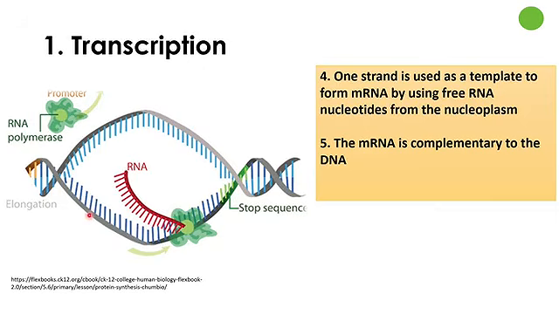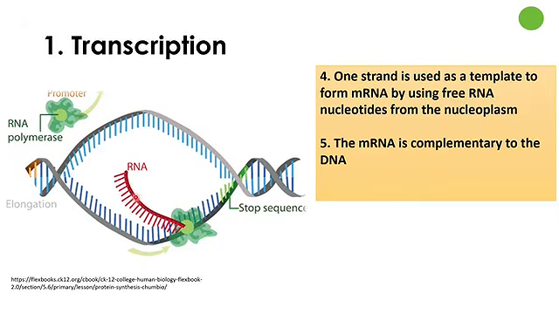For instance, if we've got thymine on the DNA strand, then adenine will bind on the mRNA strand. If we've got adenine on the DNA strand, then uracil, which is a new one, is now going to bind in its place.